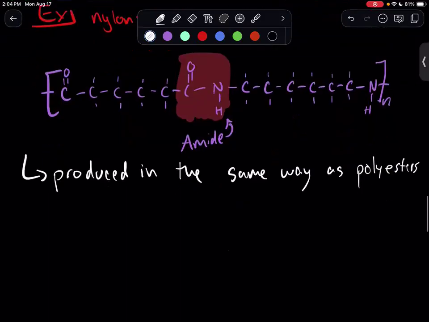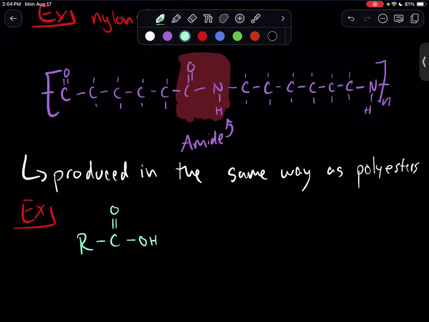The only difference is now we have an amine, which will become an amide in it. So if we are going to look at the general formula with R's like we did before, we have our carboxylic acid, and this is not for a polyamide, this is just for the single amide there, OH plus HNHR. We're going to continue to see that this leaves.